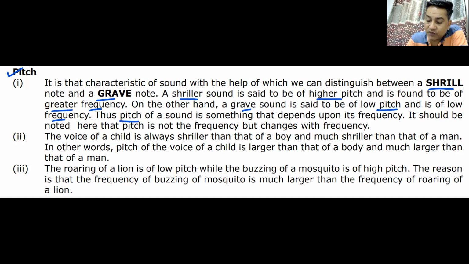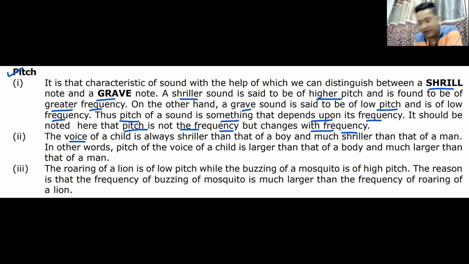That means pitch of a sound is something that depends on frequency. So when I say a high pitch note, it is a note of high frequency. When I say a low pitch note, it's a note of low frequency. But remember that pitch is not the frequency, but it changes with frequency. So pitch of a sound is definitely not its frequency, but it depends on the frequency. Do we understand this?